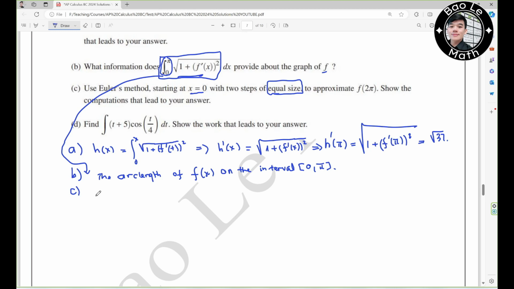It's going to be f of s1 equals f of s0 plus f prime of s0 multiplied by h, where h is the step size.